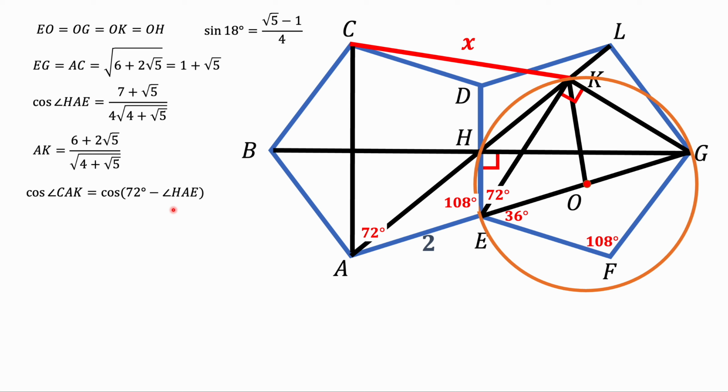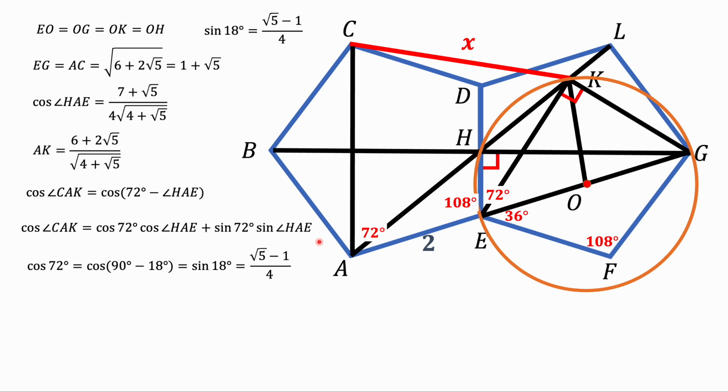But for now, we just need to know the final result, that the cosine of the difference is the product of cosines of both angles plus the product of sines of both angles. But notice for now, we only know the cosine of angle HAE. We don't know anything else. So let's find them out.